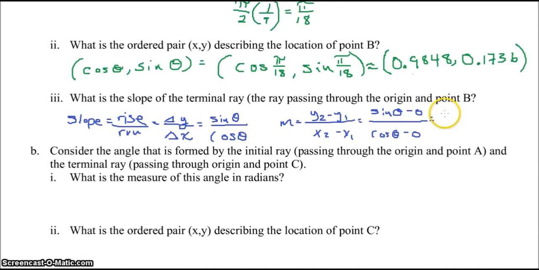But regardless, we get, for that line, sine of pi over 18 divided by cosine of pi over 18, which is about 0.1763.